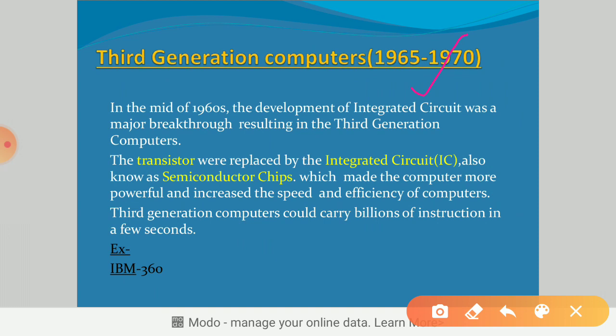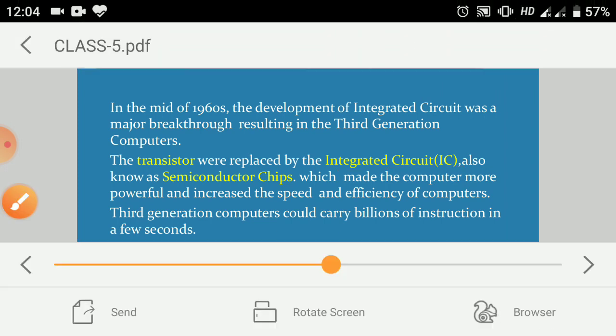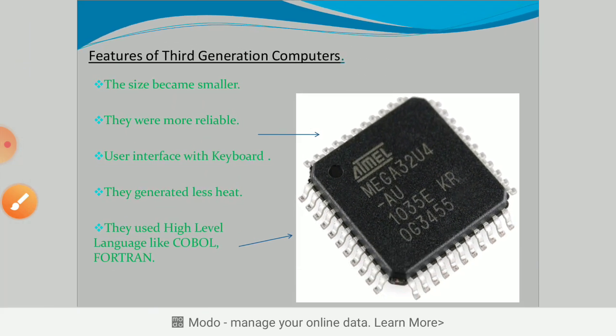An integrated circuit is as small as a transistor, but it can work as fast as thousands of them, which made the computer more powerful and increased the speed and efficiency of computers. The third generation computers could carry out billions of instructions in a few seconds. IBM 360 is an example of third generation computers.